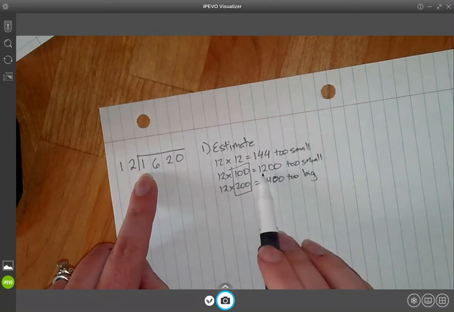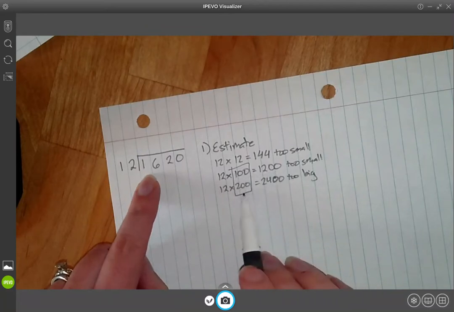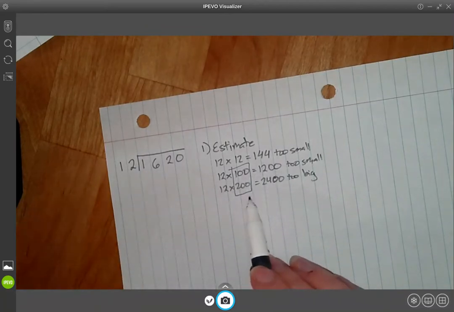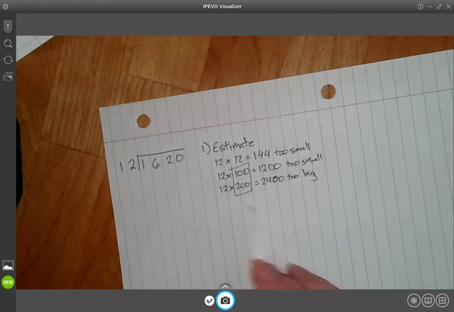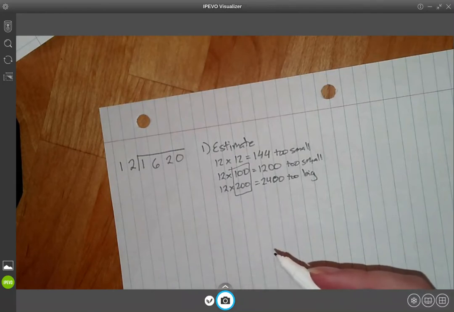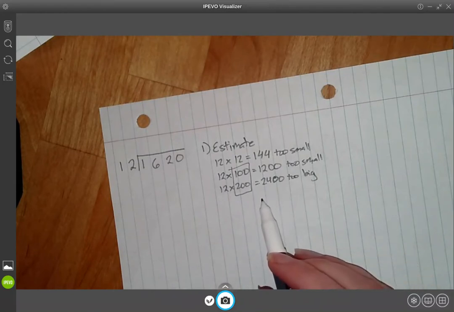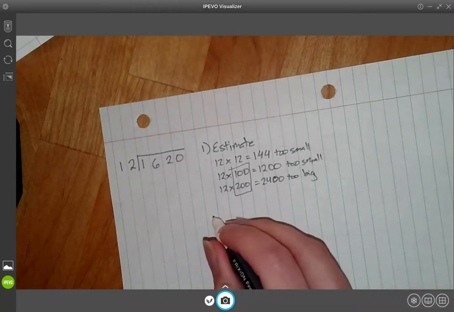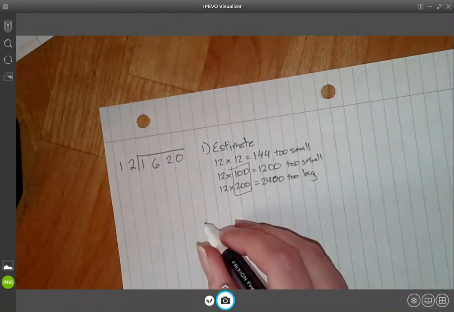Maybe it's a little bit closer to 100 than it is to 200, but maybe right in the middle. All right, so step one is estimate. Figure out what's too big, what's too small, what numbers you know, so that you can get a better idea of where your answer should fall. Estimating is always going to be a great first step.